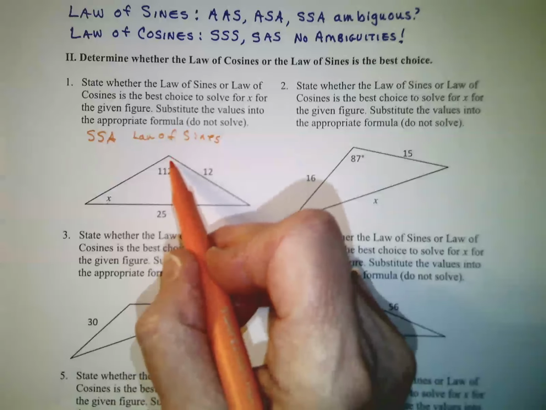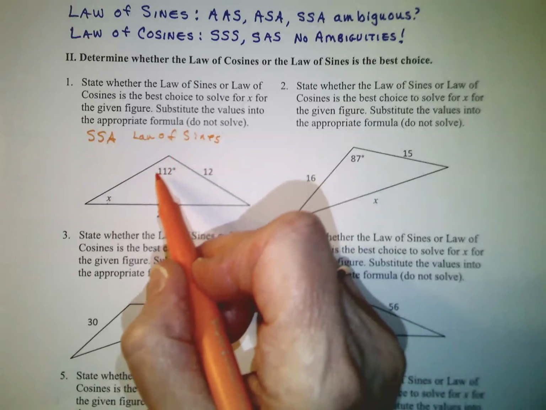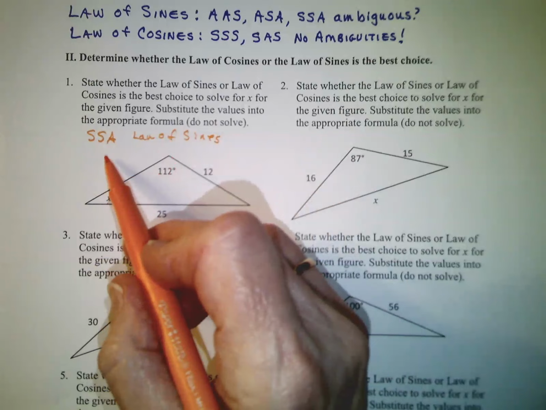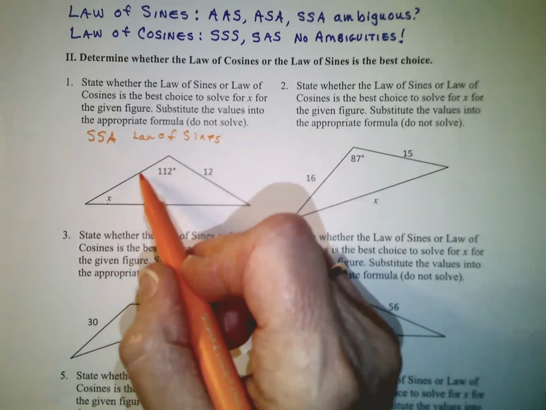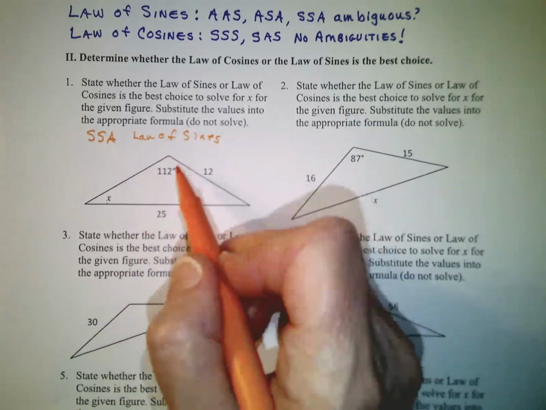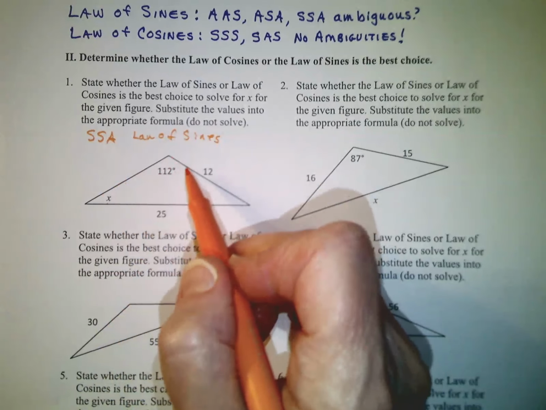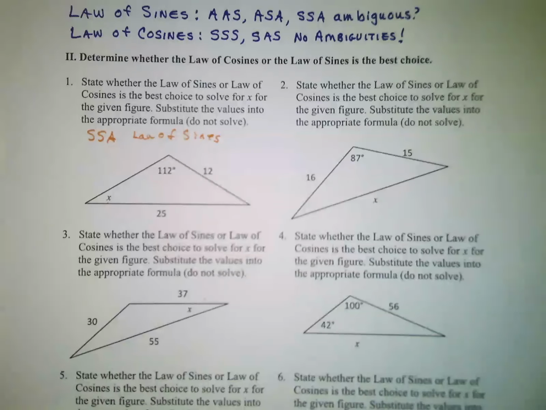The calculator is going to give us an acute angle. There may be an obtuse angle that has the same sine value. But because this triangle already comes equipped with an obtuse angle, in this problem we won't have to worry about it. It's not possible to have two obtuse angles in the triangle.